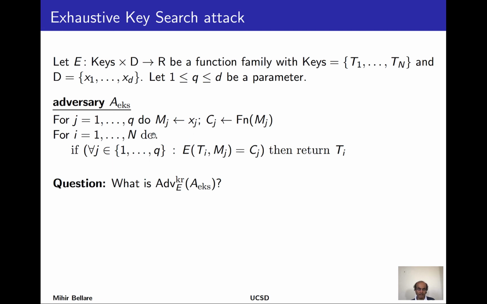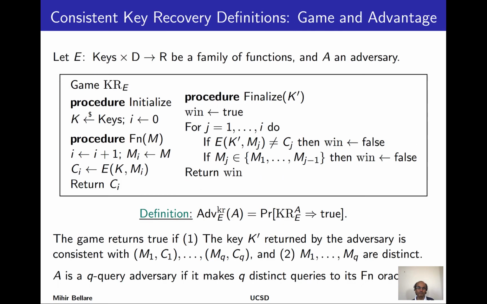At this point, we have a specific and clear definition of an adversary in pseudocode. We also have our two games, consistent and target key recovery, and we can ask, relative to either of them, what is the advantage? What advantage does this particular adversary have? To determine that, we would go look at the game, and we would ask, what is the probability here that the adversary succeeded in making the game return true?